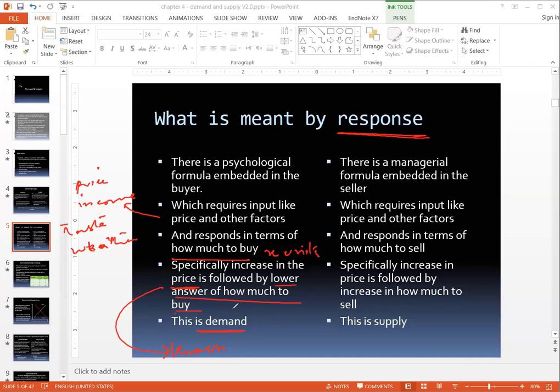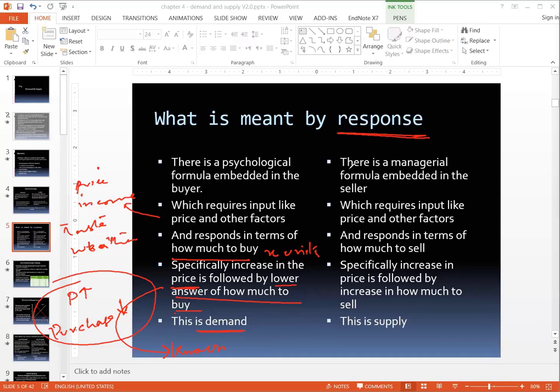So lower purchase: price increases, purchase decreases. This formula has this pattern. There's an inverse association between the price of the product and the purchase decision. And this formula is called demand.